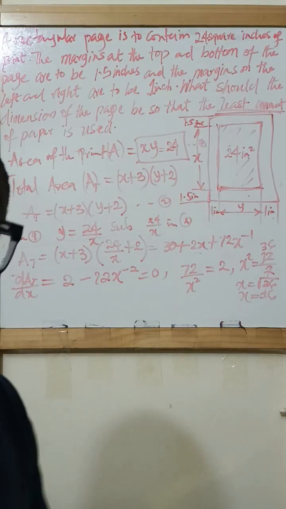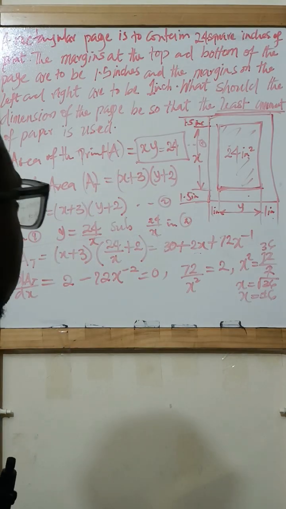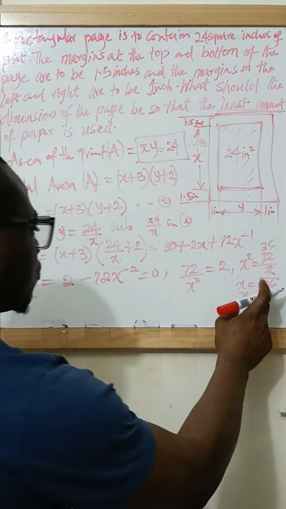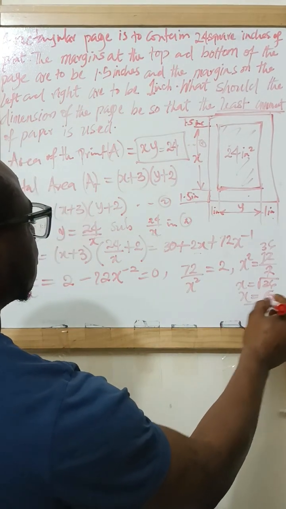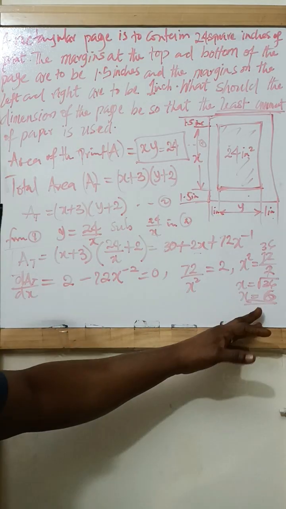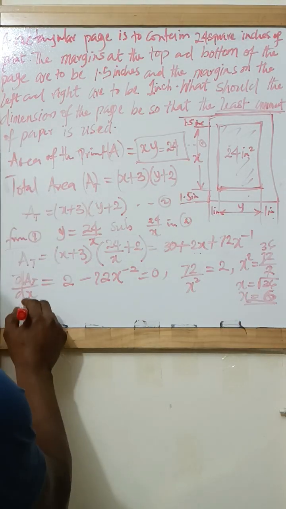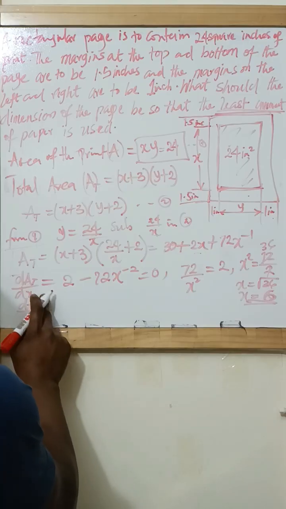But we take only the positive part because we are dealing with a real situation, and the dimension must be positive. So x is equal to 6.